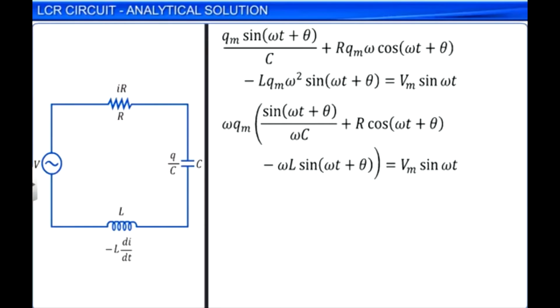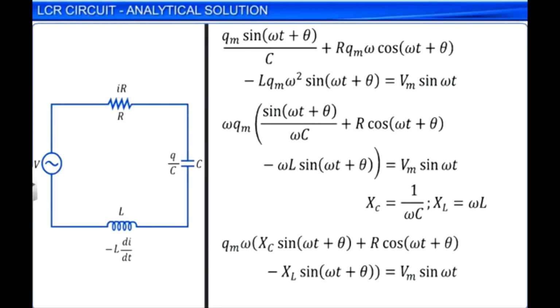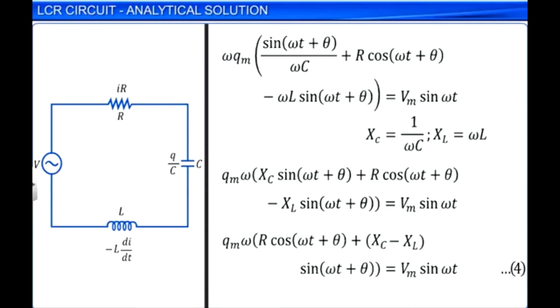Since capacitive reactance Xc is 1/ωC and inductive reactance XL is equal to ωL, we can write the above relation as ω Qm into [Xc sin(ωt + θ) plus R cos(ωt + θ) minus XL sin(ωt + θ)] equal to Vm sin ωt, or ω Qm into [R cos(ωt + θ) plus (Xc minus XL) sin(ωt + θ)] equal to Vm sin ωt. Let this be equation 4.